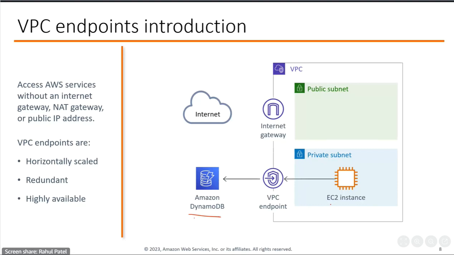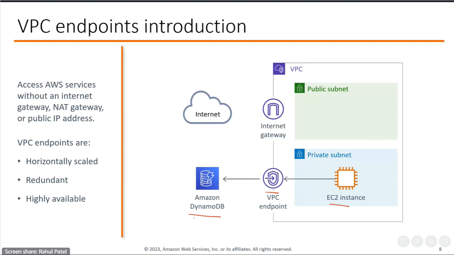Now, if this EC2 instance in a private subnet wants to access DynamoDB, and we want the traffic not to go over the public internet, we can use a VPC endpoint here. Through this VPC endpoint, the EC2 instance can access DynamoDB and the traffic does not go over the public internet.